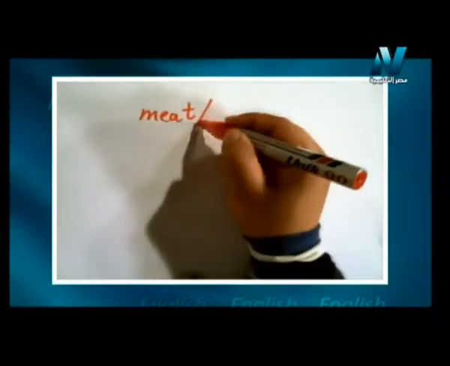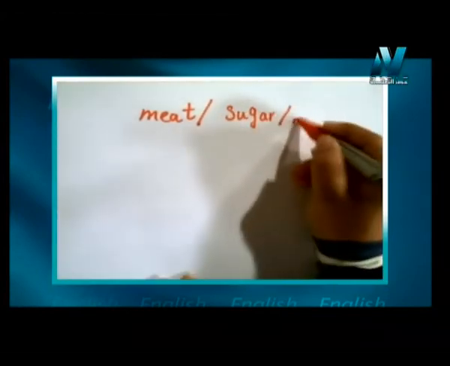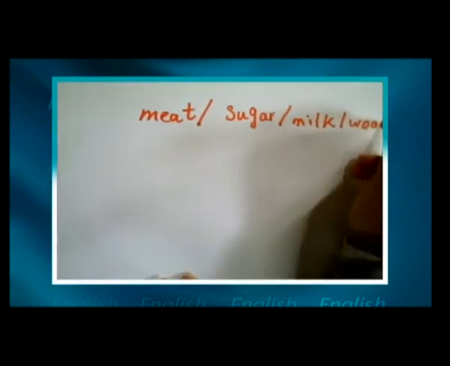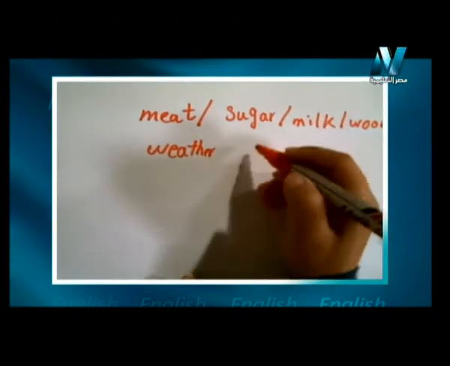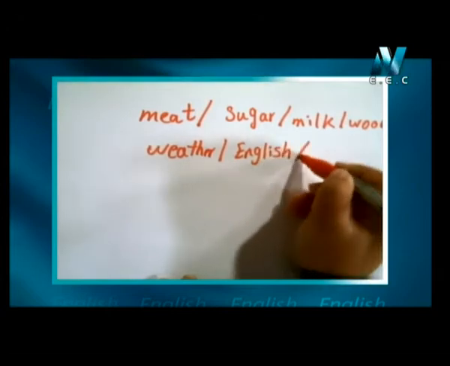When I'm going to do a plural form, I'm going to say some words or some expression before the words. Let's have some examples. When I have meat, sugar, milk, wood, weather, English, like subjects, English, French, and so on.